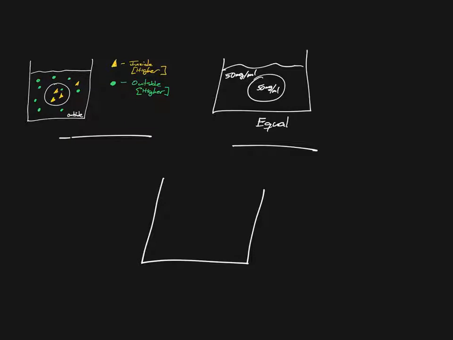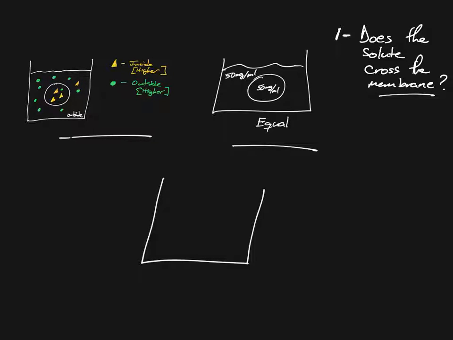The question that you didn't ask, that I told you have to ask every time: does the solute cross the membrane? That's right. Somehow somebody has to tell you if it crosses the membrane or not, but you have to answer that. The other question is which side's more concentrated?